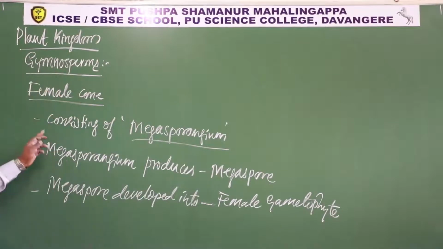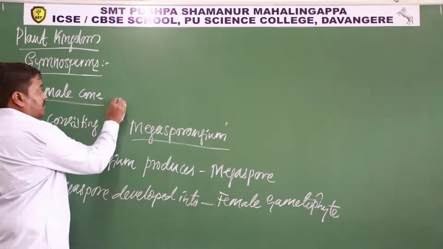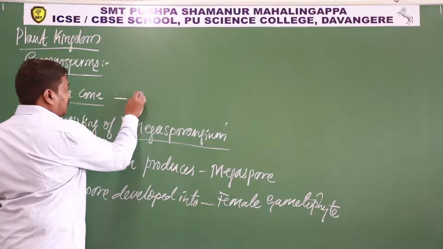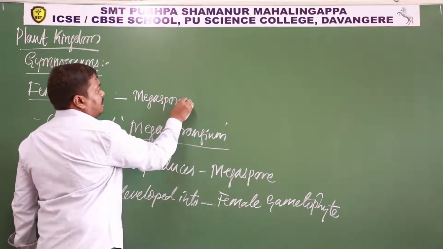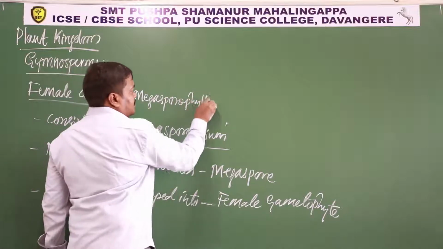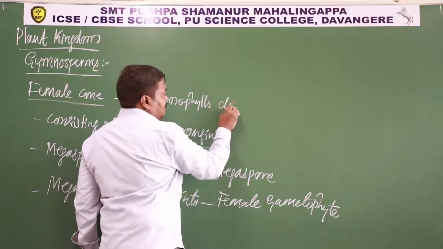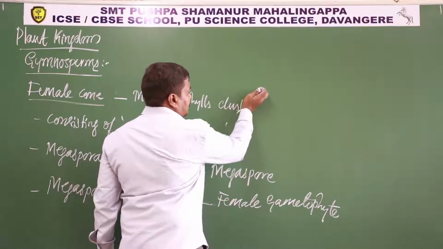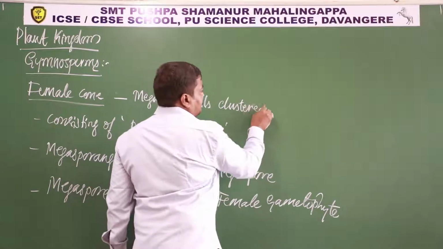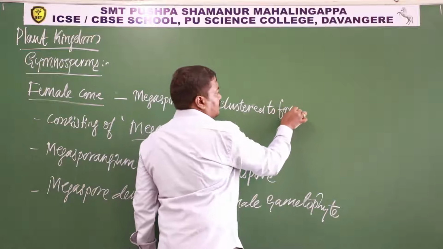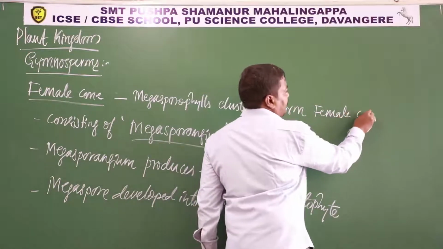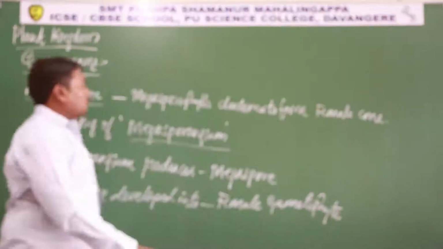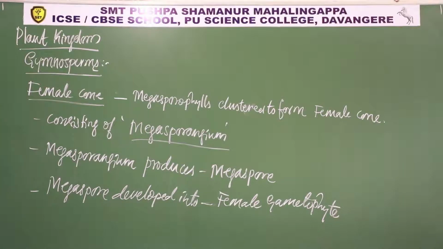That megasporangium is borne on megasporophylls clustered to form the female cone. So many megasporophylls together form the female cone.